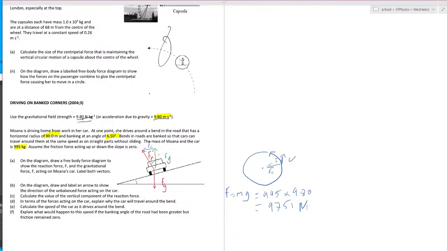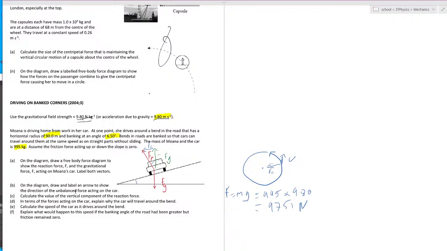So say that as it's on a plane, the weight force acts straight down. It's going to have a reactive force which is acting at a 90-degree angle to the plane. There will be an unbalanced force, which will be the centripetal force, which will act towards the center of the circle. So centripetal force acting towards the center of the circular path of the car.